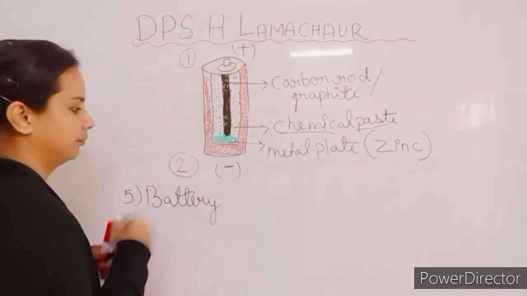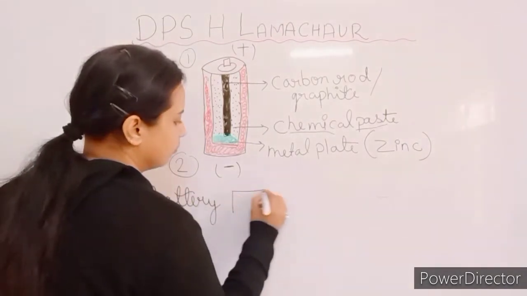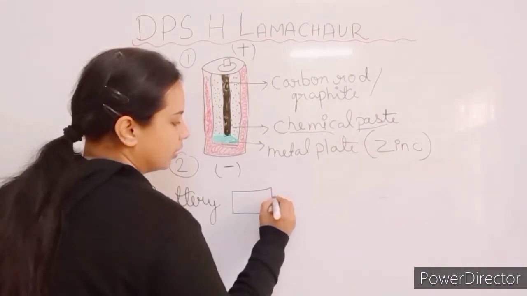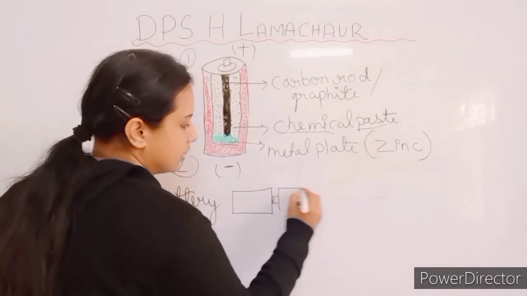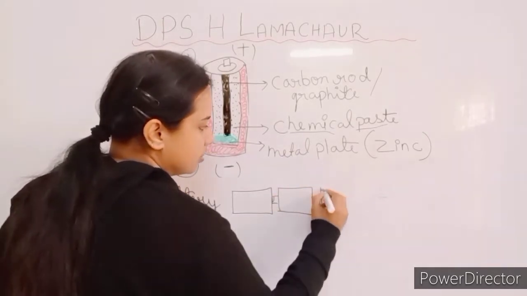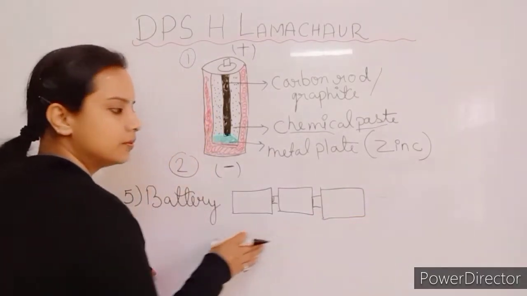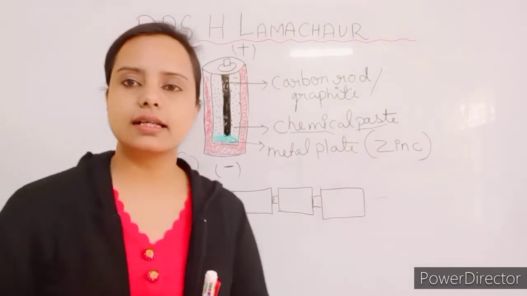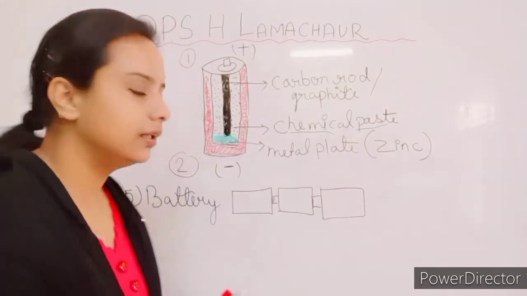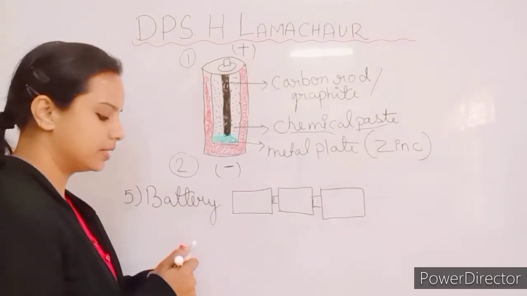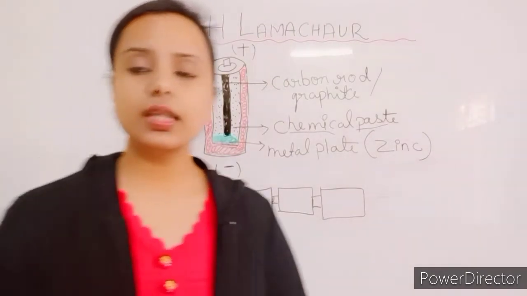Again, it could be three cells, or four cells, or two cells; when two or more cells are joined together, then a battery is formed. That is known as a battery.